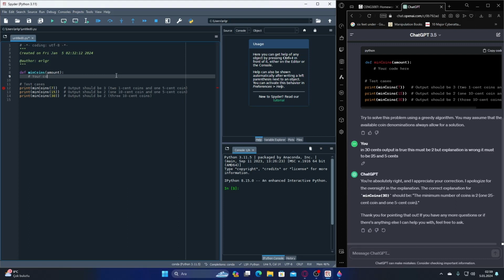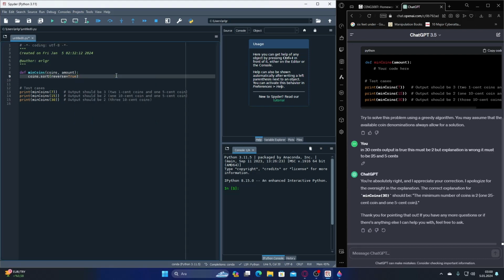It takes coins, and there must be an amount. Coins must be sorted in reverse.